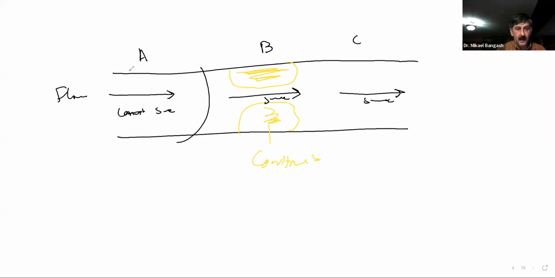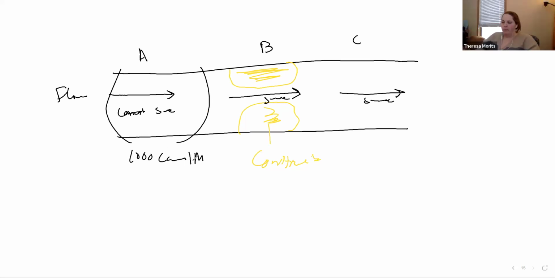But let's say this was a road where you say, in a distance of a mile or half a mile, the flow of cars is 1,000 cars per minute. Did that make sense? Right?